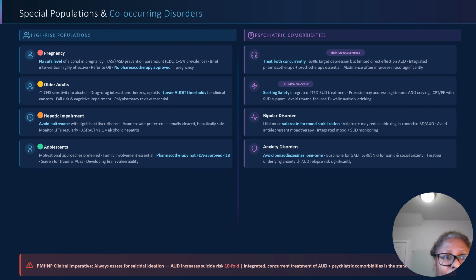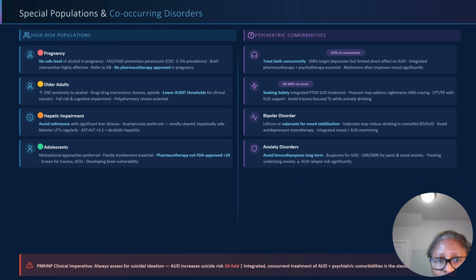And then special populations and co-occurring disorders. So pregnancy obviously is going to be a high-risk patient, elderly adults, patients with hepatic impairments, and adolescents. And then this talks about the psychiatric comorbidities that can come with this disorder.